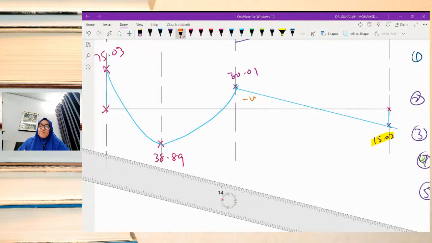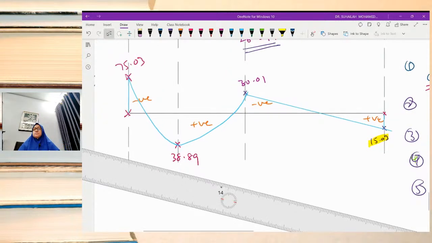So all this negative, negative, positive, positive. Okay, so this is how we draw the shear force diagram and the bending moment diagram in full.